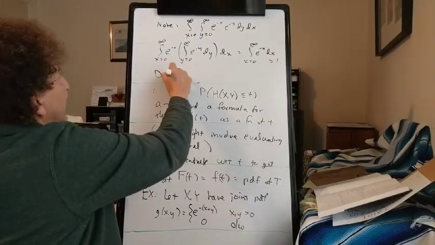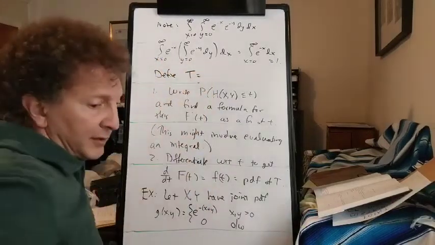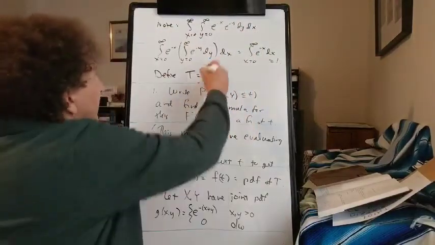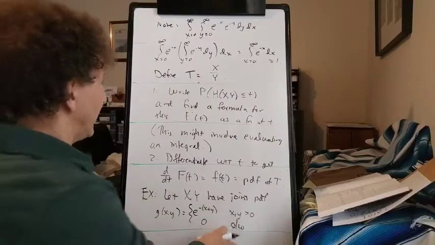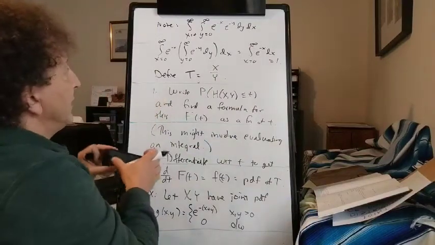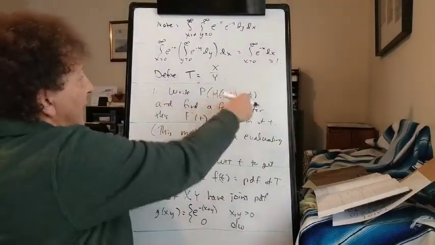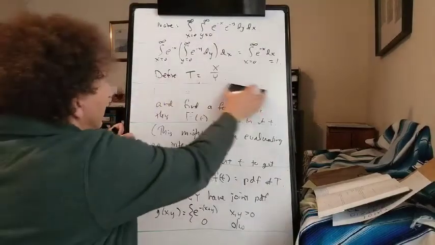Now let's define t to be x over y. So that's another random variable. So we'll write the probability that x over y is less than or equal to little t.